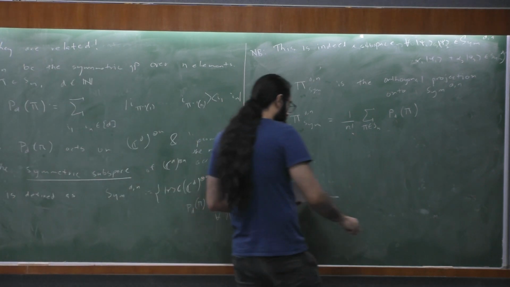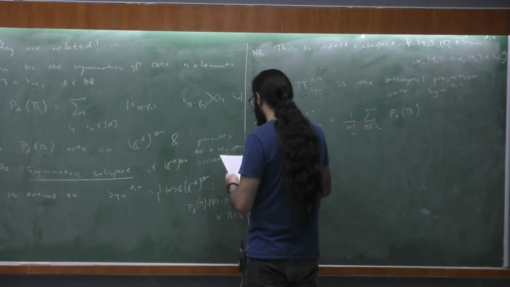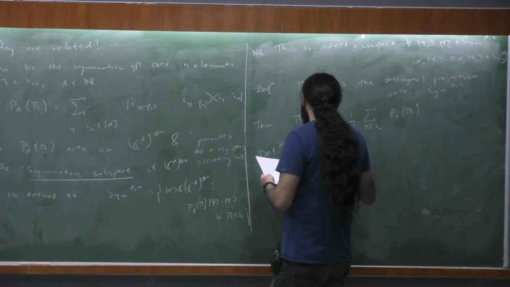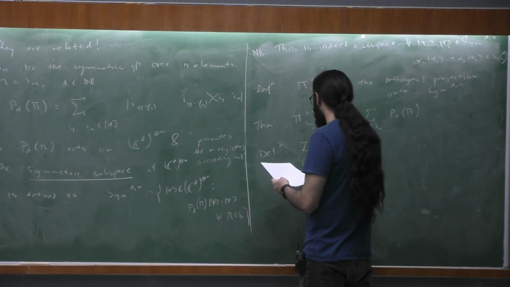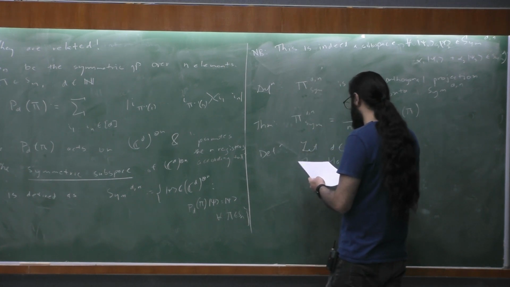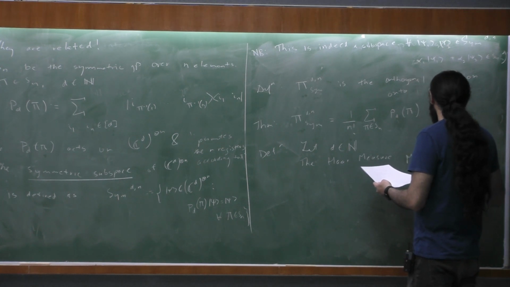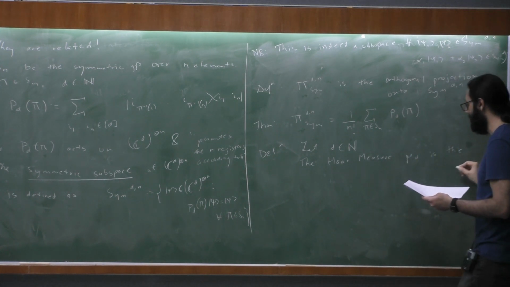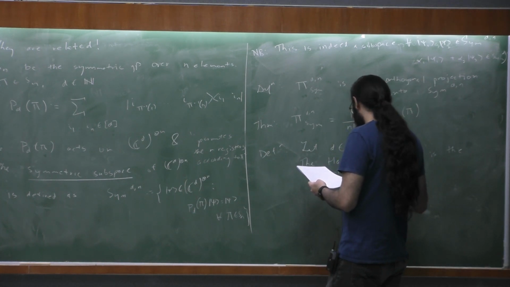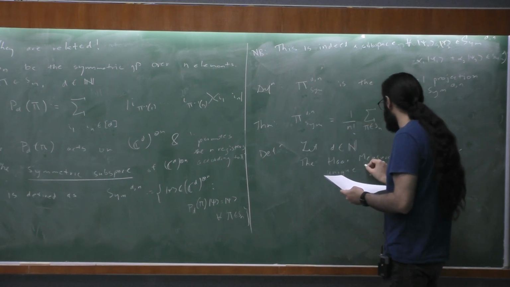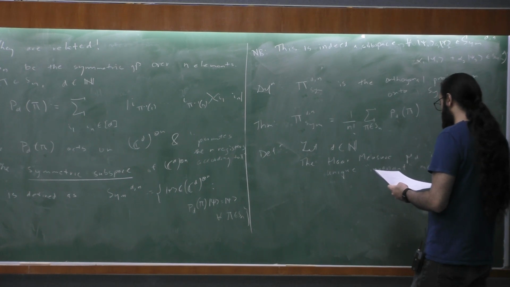Alrighty, and now, nice. We let d be a natural number. Then the Haar measure mu_d is the unique invariant measure over the unitary group.